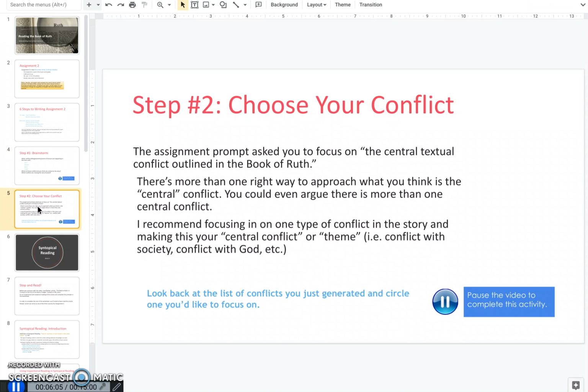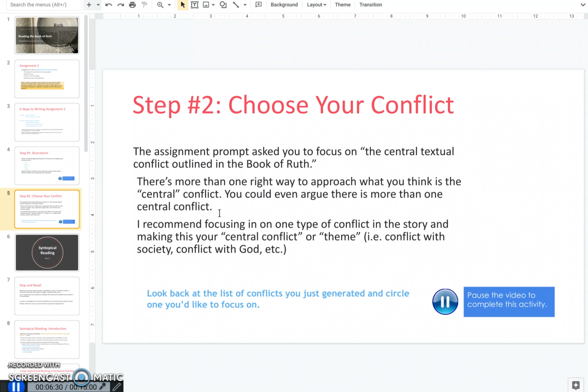All right, so hopefully you came up with at least 3 conflicts to choose from. Now I want you to figure out how you are going to narrow that down. One thing to keep in mind with literature is there's more than one right way to approach what you think is a central conflict. There can even be more than one central conflict, so there's no right or wrong answer per se.